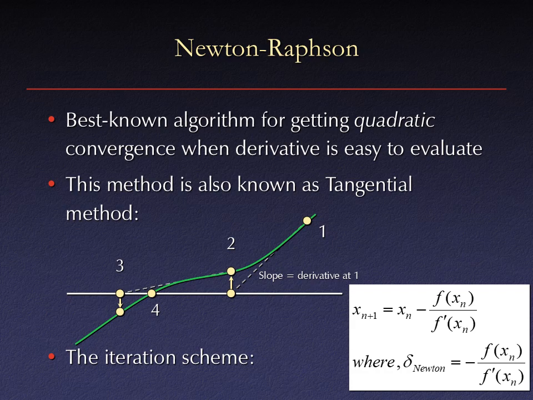Again we draw a tangent to the curve at point 2, and it cuts here, and similarly it goes on until we get the required root of this equation. The iteration scheme of this method looks like this: x(n+1) = xn minus f(xn) by f'(xn), and f(xn) by f'(xn) is called the increment.